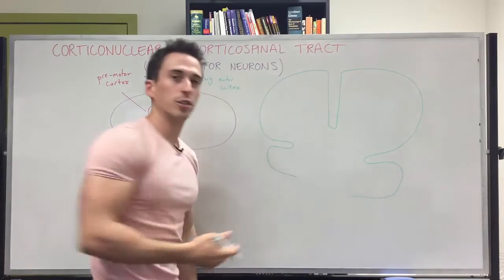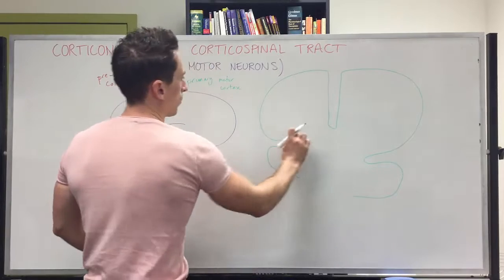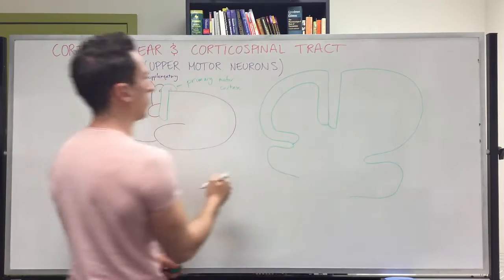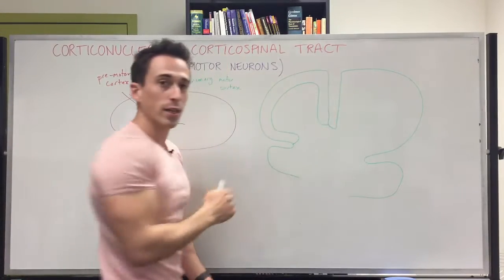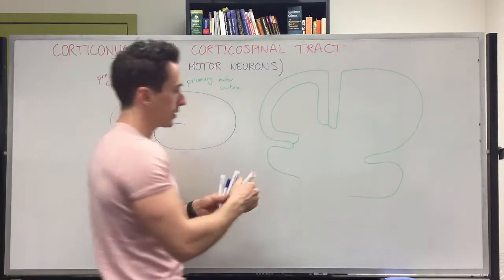Okay, so what we've just done is a coronal section, a frontal section. This part here is the primary motor cortex, and there's a map of the body on it. The map of the body looks a little bit like this.